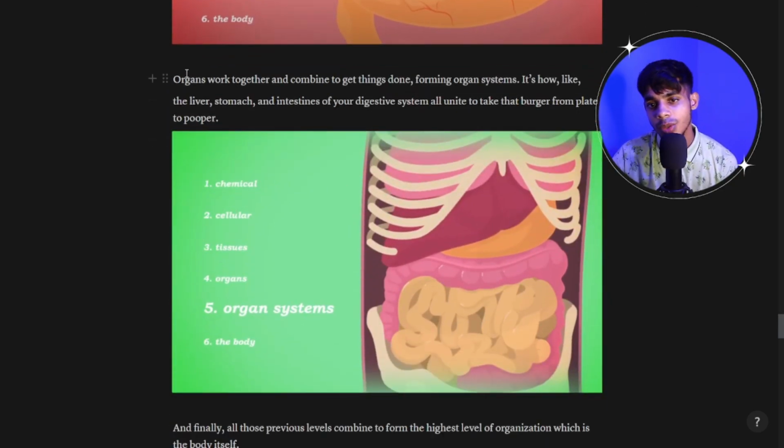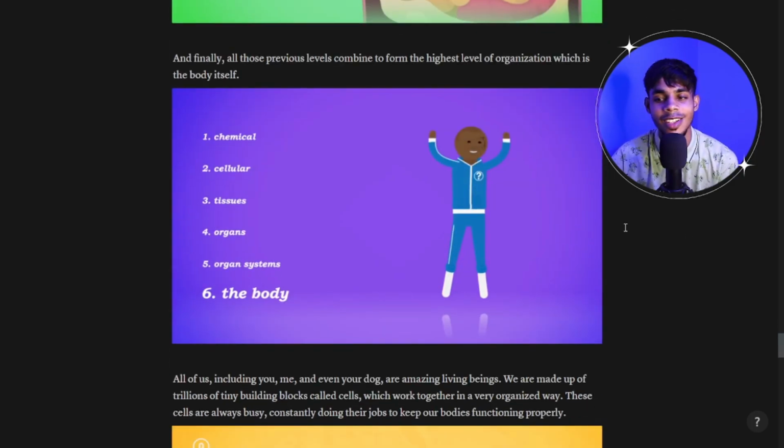Organs work together and combine to get things done, forming an organ system. Your heart does a different function, your stomach, your liver, your kidney, all different organs do different functions, and when you combine them together, they completely form the body, which is the living individual. As you can see, there's a guy, happy.